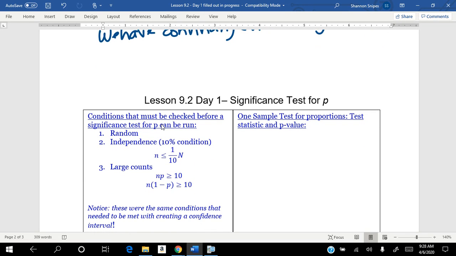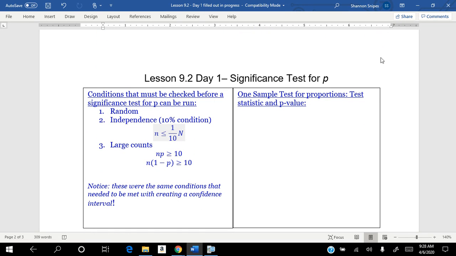The conditions must be checked before you can do a significance test for proportions. We have our random condition, which needs to be met. The independence condition, which we check with the 10% condition: our sample needs to be less than or equal to 1/10 of the total population. And the large counts condition.